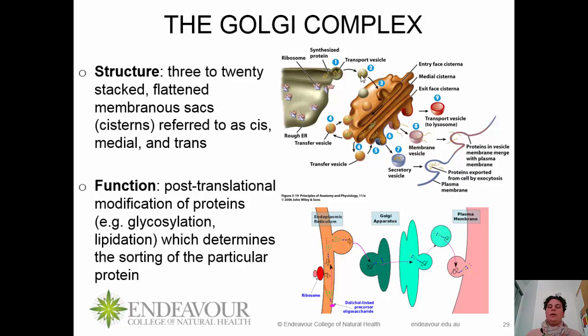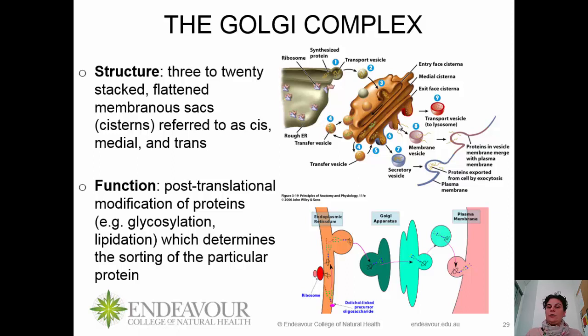These proteins that are inside the membrane will, from the ER, here's our little rough ER, be packaged into the transport vesicle, and the first point that they will encounter is this 3 to 20 stack looking organelle called a Golgi complex.